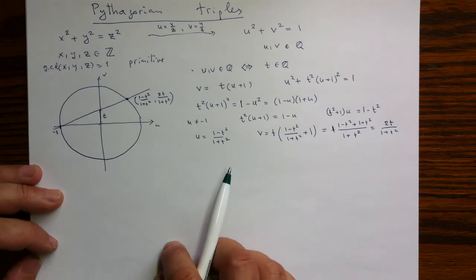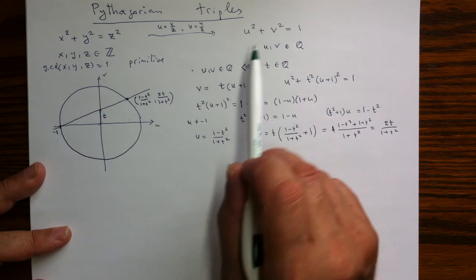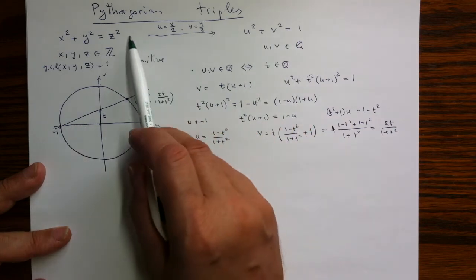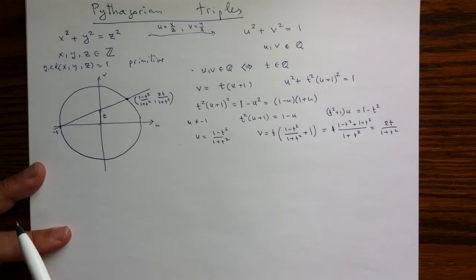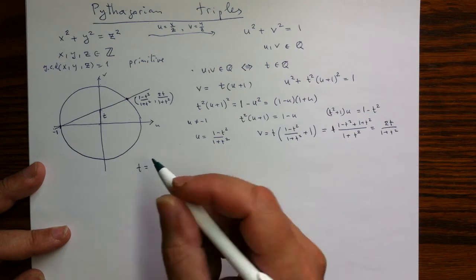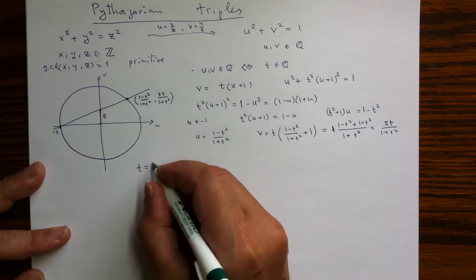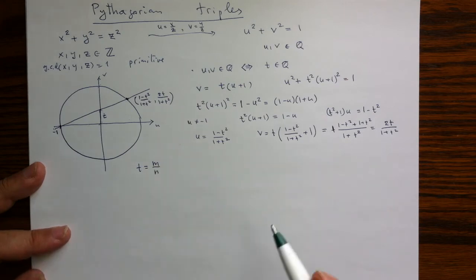Now we can use this to label all rational solutions, of course, of the circle equation, but then go back and find presentations for all possible x, y, and z. And we could now write our parameter t, which is a rational number, as a ratio of two integers. Could even assume that they are coprime.